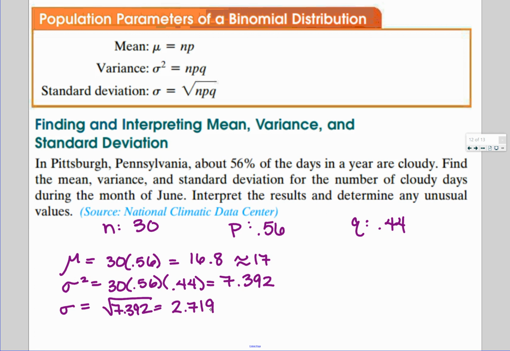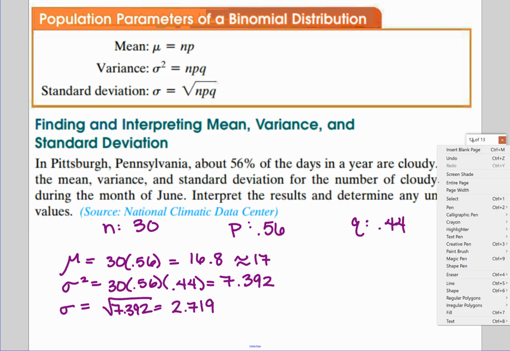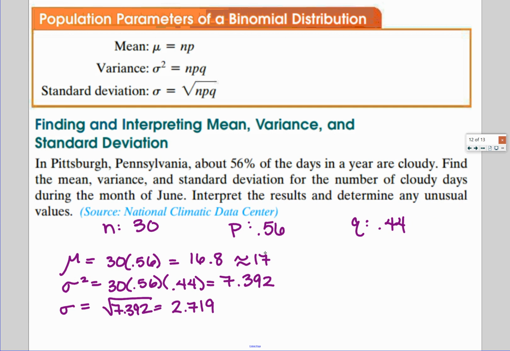Okay. If we were to interpret the results, we could think back to what we were doing in chapter 2 with mean and standard deviation. We could say if my mean is 17 and my standard deviation is about 2.7, you could even make that about 3 if you wanted to round it.